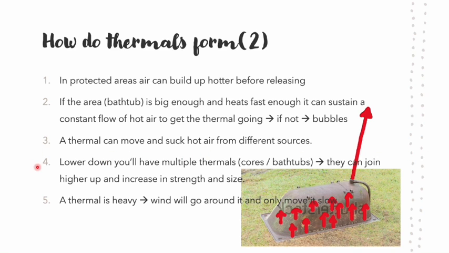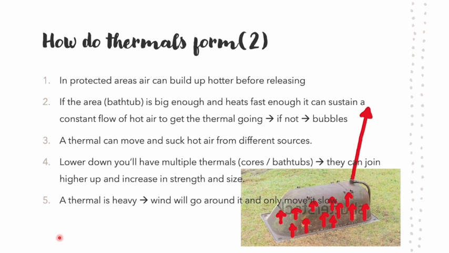Also, in this picture, you can imagine if there's a field here and a field a bit further away, they will have their own smaller sources of thermals going up, but at a certain height those thermals might join up, and you generally see that when you get higher up, thermals will become bigger in size and stronger, just because thermals are joining up together.